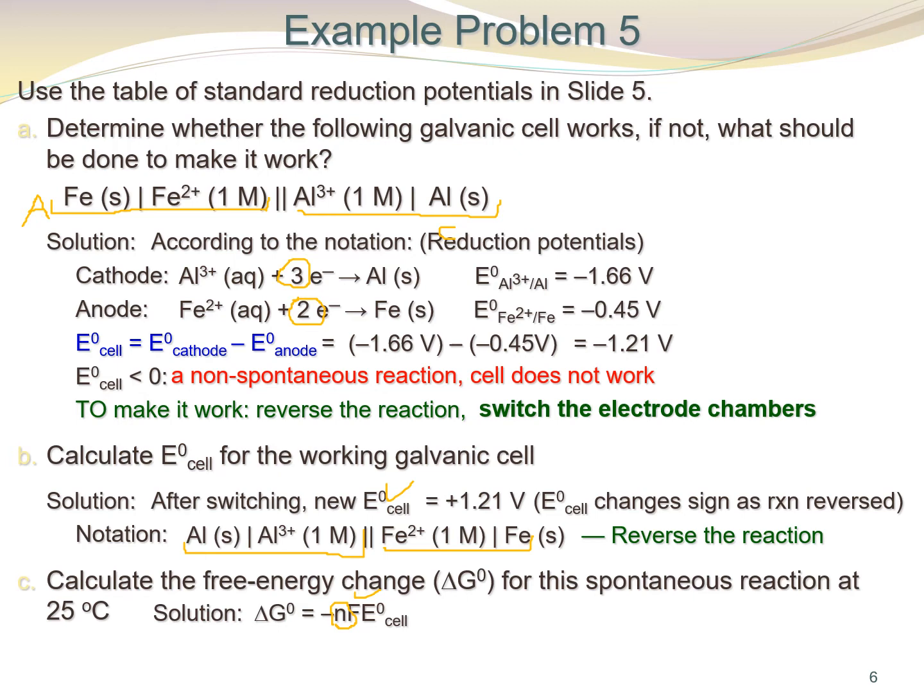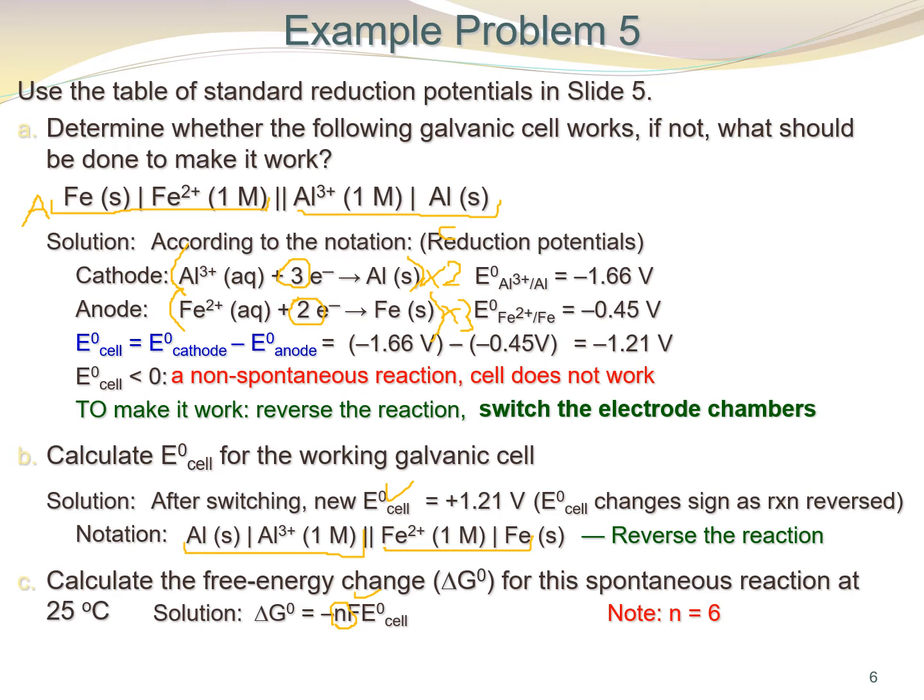The least common multiple of these two numbers, you got it, is 6. That means we multiply the first by 2 and the third by 3 in order to have the overall balanced redox reaction.